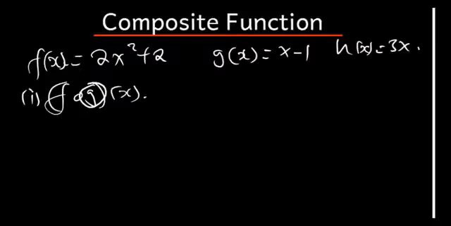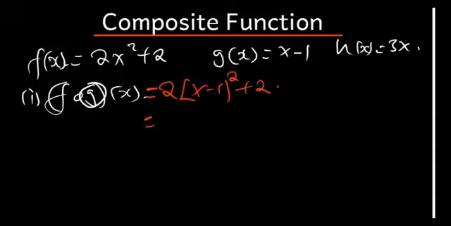So f of g of x is going to be 2, then open brackets. Where there is x, we need to put x minus 1, which is the function g. Then since this x is squared, I have to square this, plus 2. Now I need to simplify it.